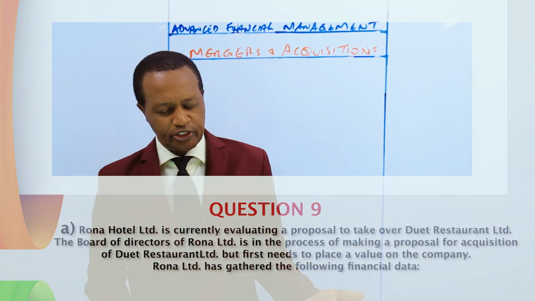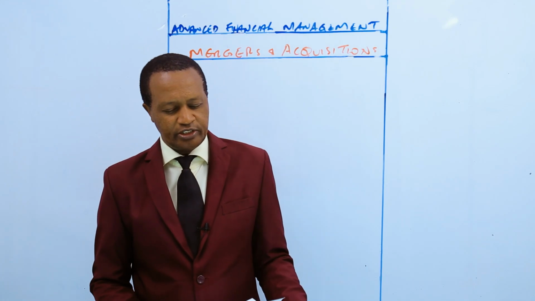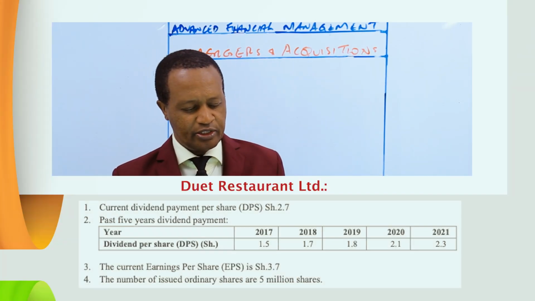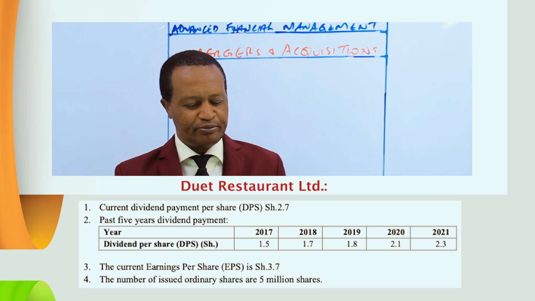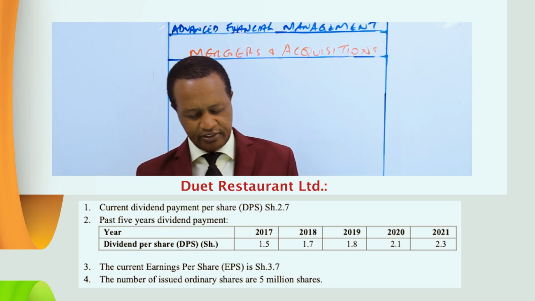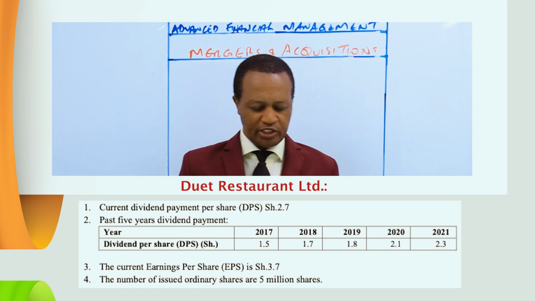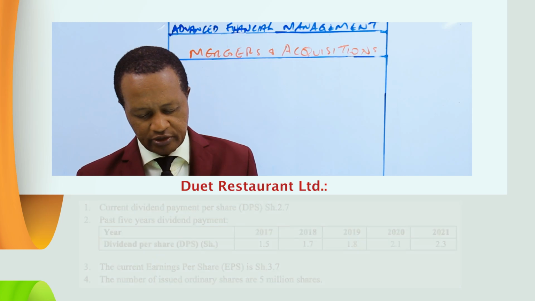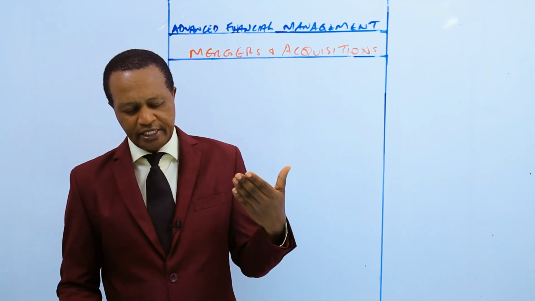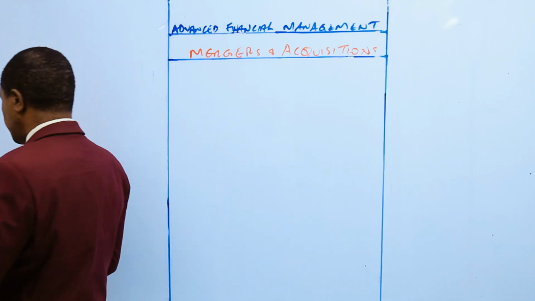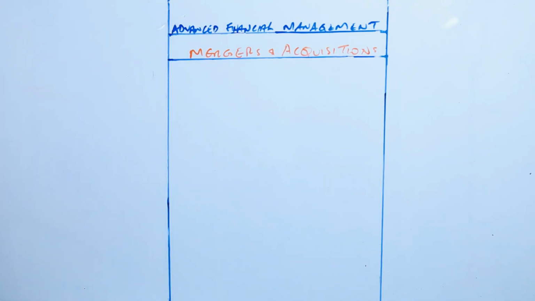Then we have information on Duet Restaurant Limited. We have the current DPS. Then we have the past dividend payments for the last 5 years. So we are required to estimate the value of Duet Restaurant using number 1, the PE ratio model. So we begin with the PE ratio model.